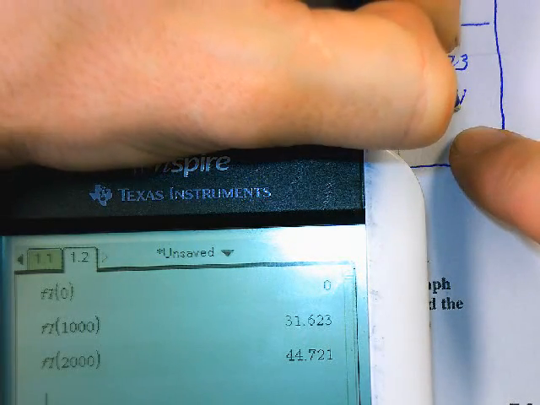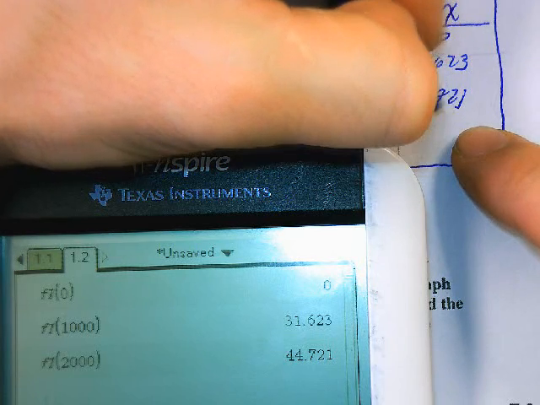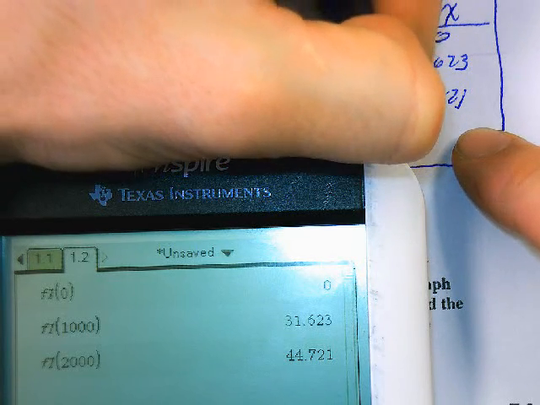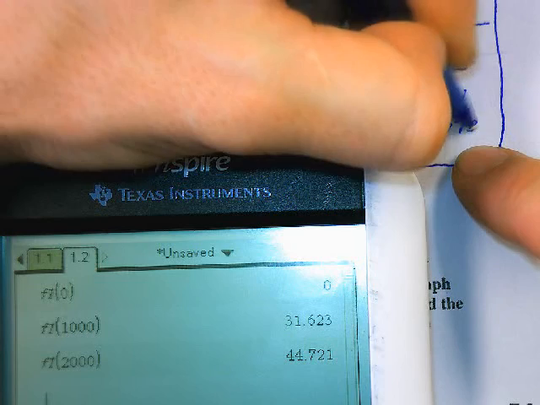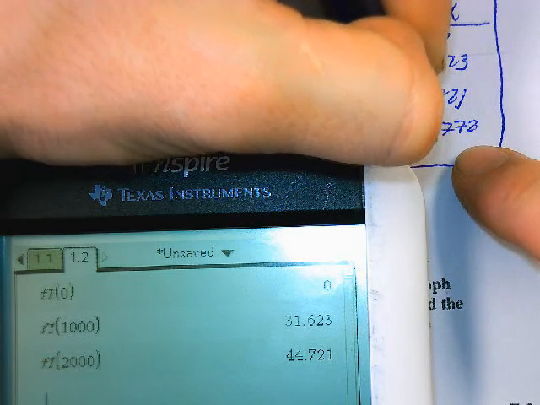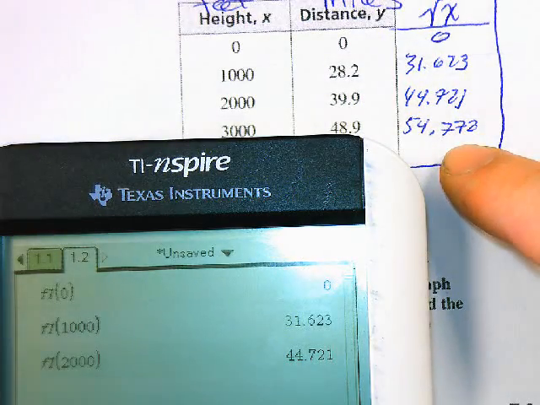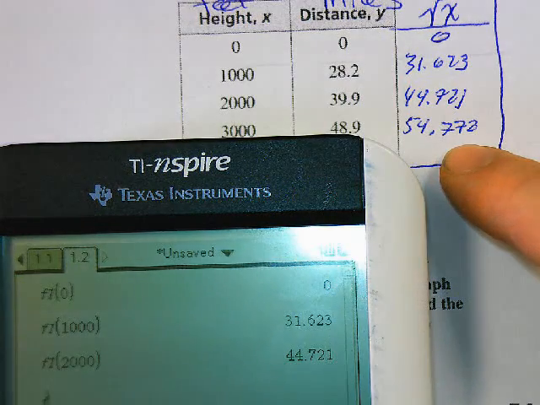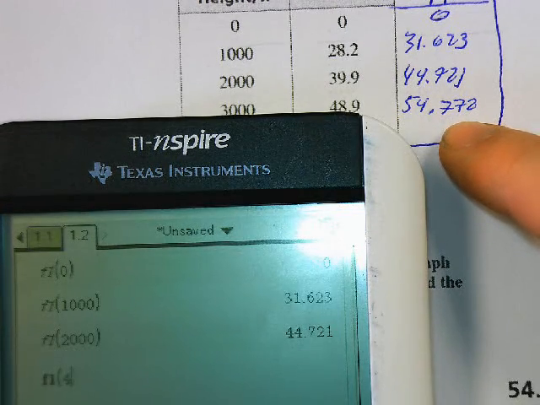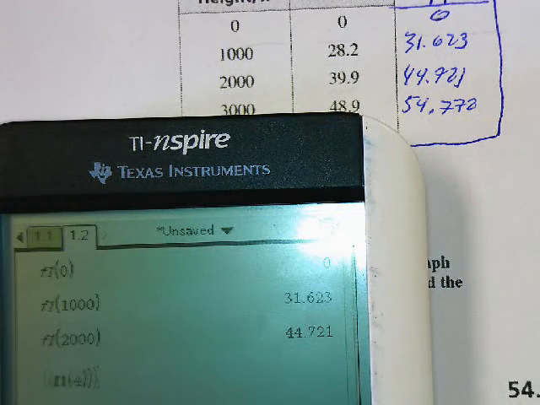F of 3,000 is 54.772. And then F of 4,000, so you type in F1 of 4,000, and that's 63.246.